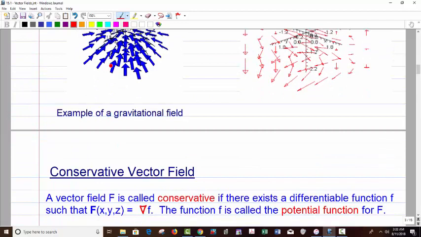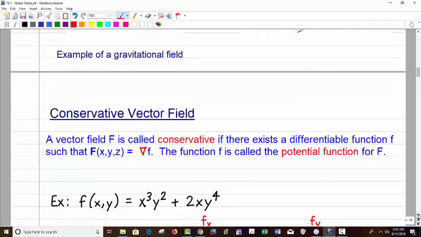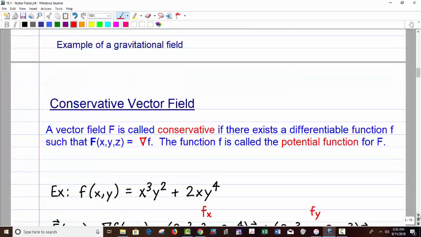Yeah, so that gravitational field is this one right here. Now we have something called a conservative vector field. A vector field is called conservative if there exists a differentiable function f such that the vector field F(x,y,z) equals the gradient of f, which is called the potential function.